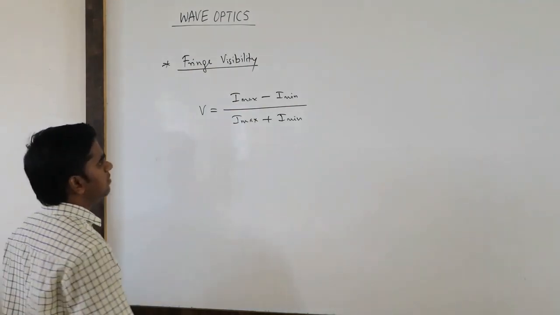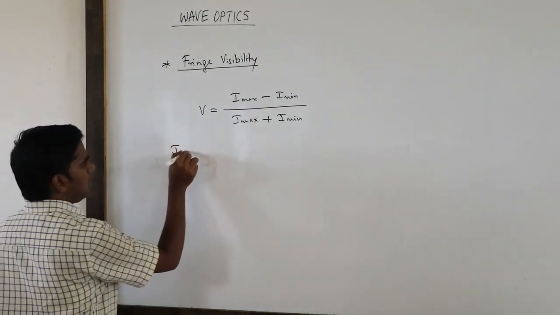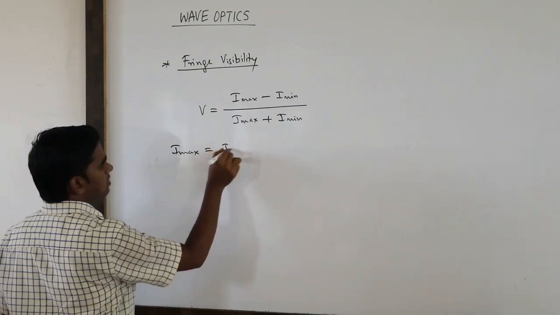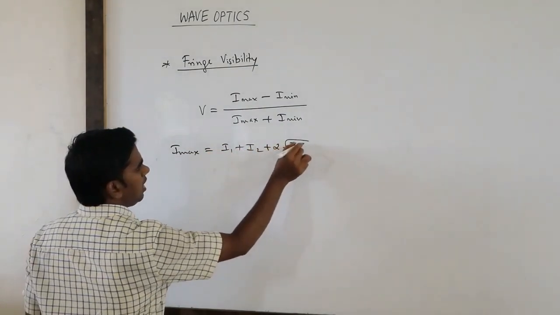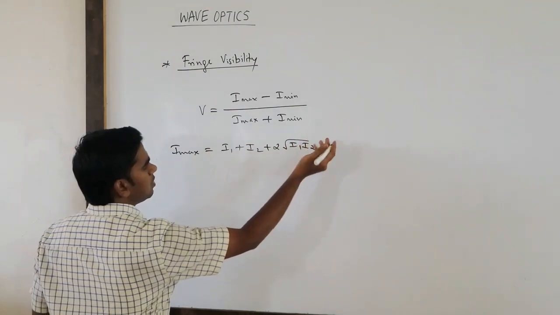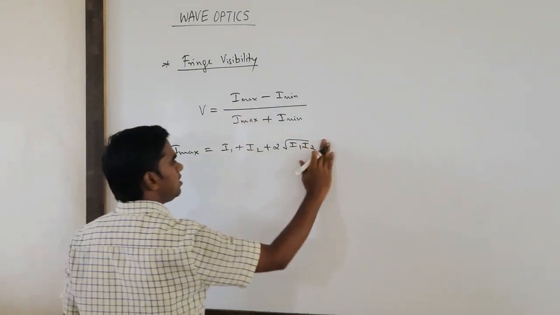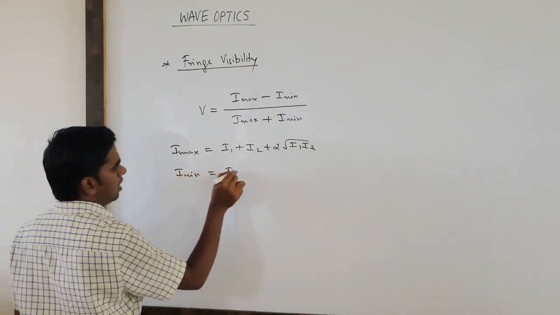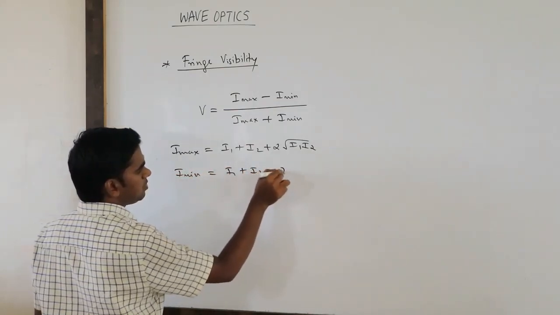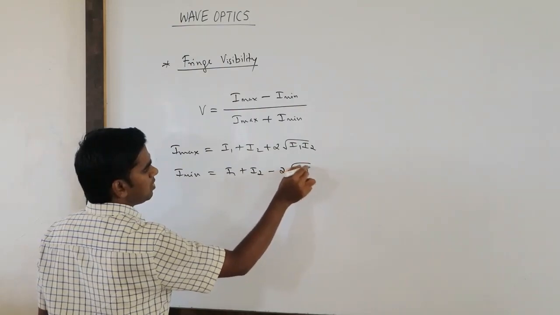If this is the case, we know that I maximum is I1 plus I2 plus 2 root I1 I2 cos, where cos of maximum phase is going to be 1. Similarly, minimum intensity is I1 plus I2 minus 2 root I1 I2.